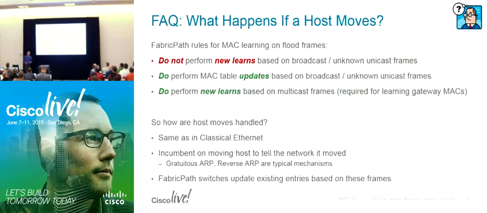So for example, if a virtual machine or workload moves from one switch to the other switch, then FabricPath will handle this host move exactly like it handles in classical Ethernet. It will be the responsibility of the host that moved from one place to the other to tell the fabric, to tell the network that it had moved.